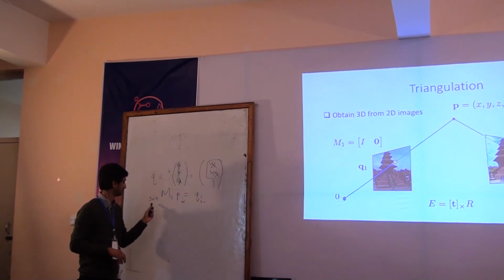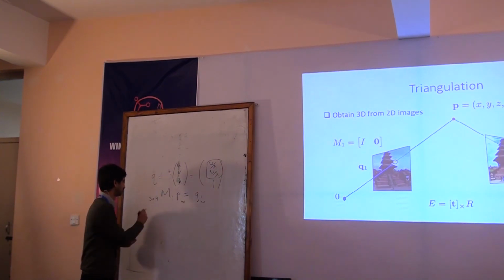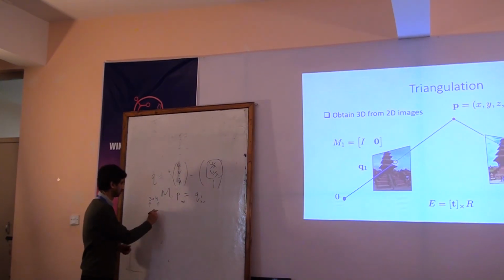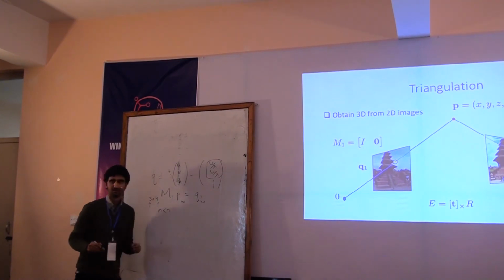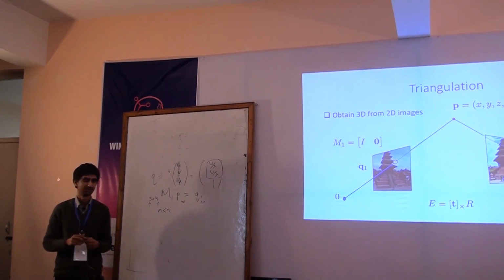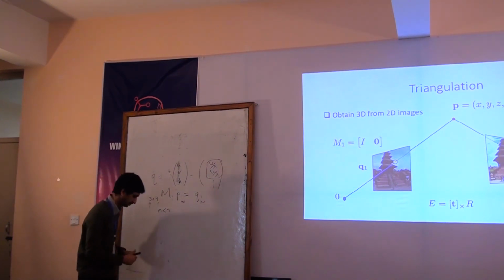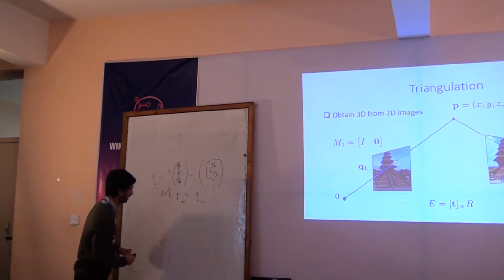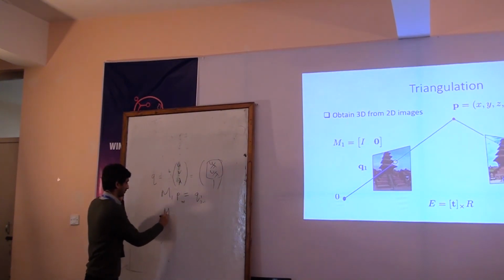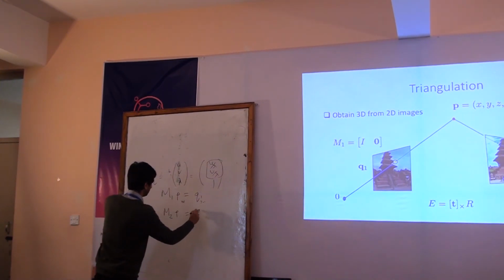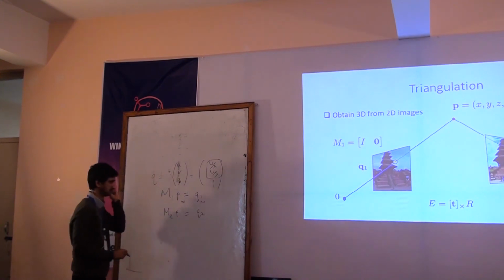Because M is 3 and N is 4, this is underdetermined. So you are in this state where M is less than N, among the different cases of solving equations. You cannot solve it, and that's why we need a second camera, where we have M2 P equal to Q2.